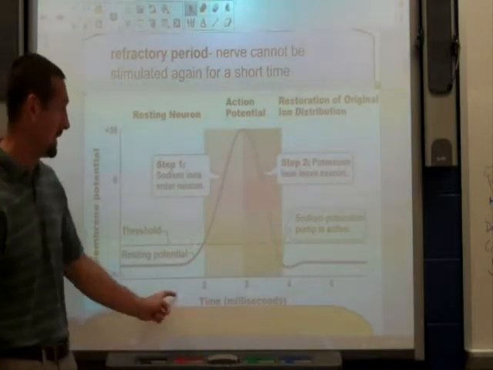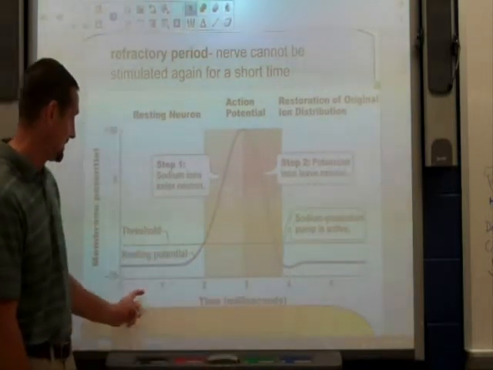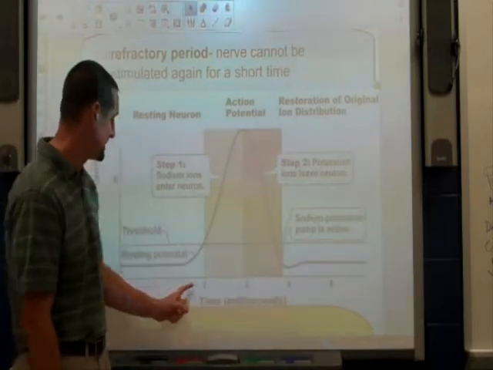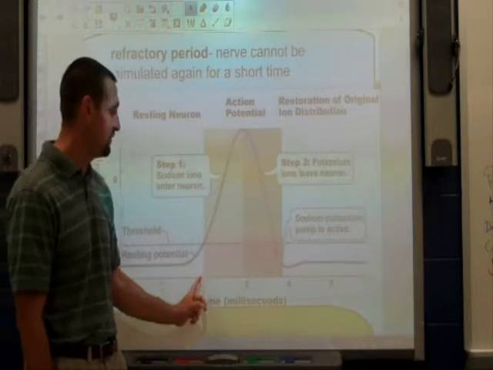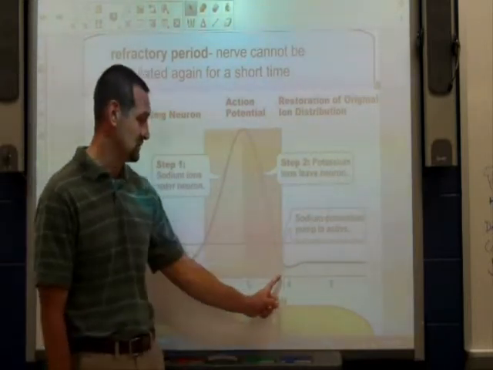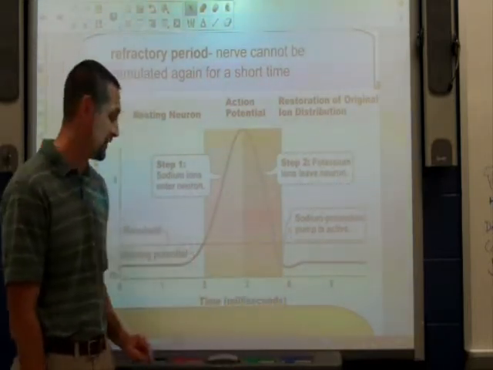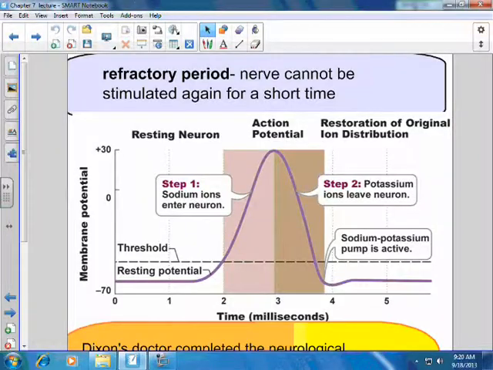Notice how quickly this is happening in milliseconds. Within a couple of milliseconds of crossing threshold, you're back to normal, ready for another impulse. So how do you explain the intensity of a feeling? Well, it's not the strength of the action potential because they're all the same, but it's the number of action potentials in a given amount of time.